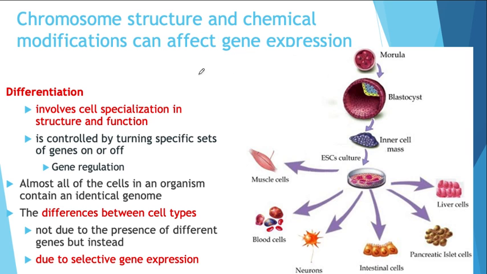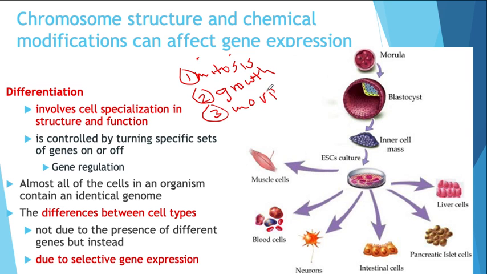We have mitosis, we have growth, we have morphogenetic movement, and then finally we have the one listed here, number 4, which is differentiation.